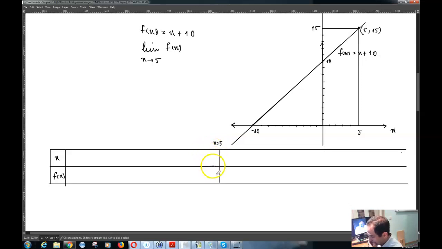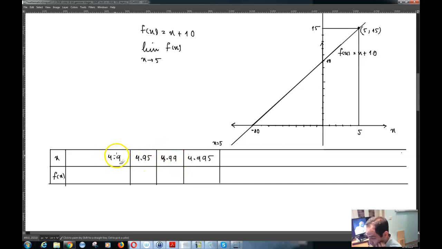Then I can approach x from the left, on this side. So for example, I can go for 4.995, I can go for 4.99, I can go for 4.95, and I can go for example 4.9.